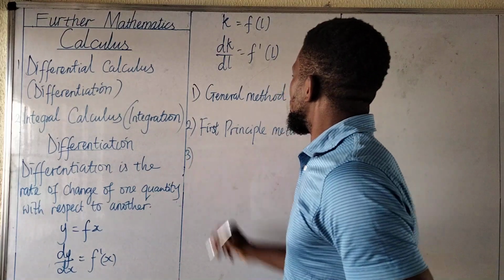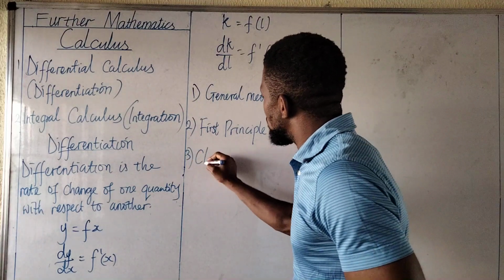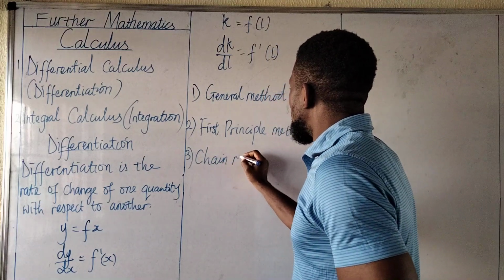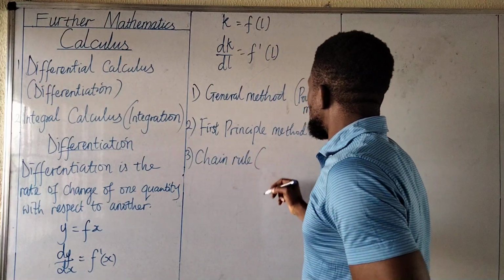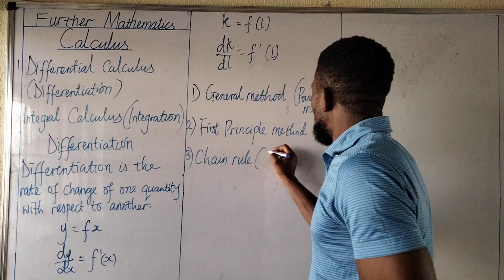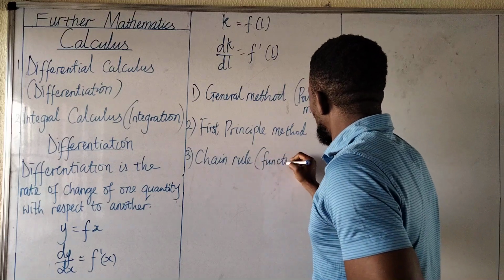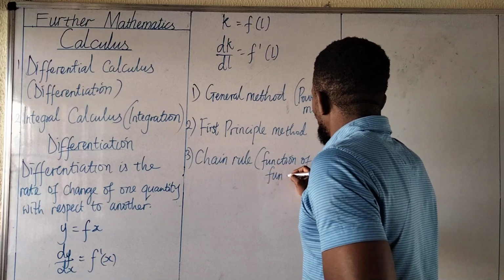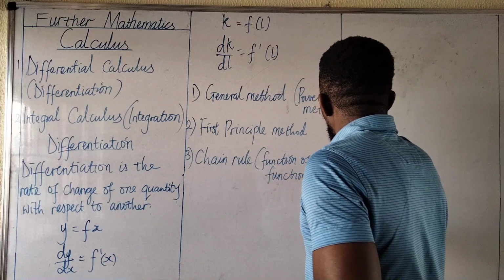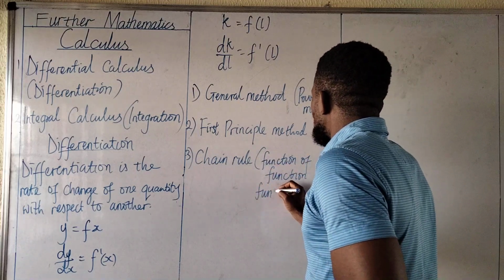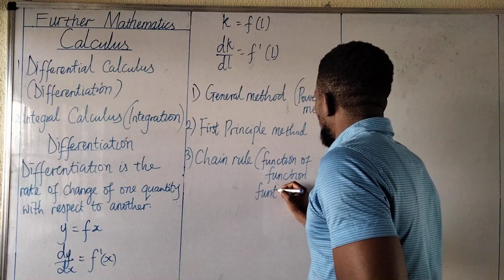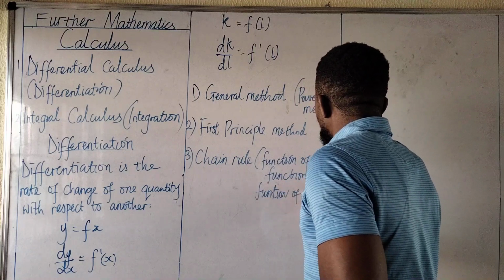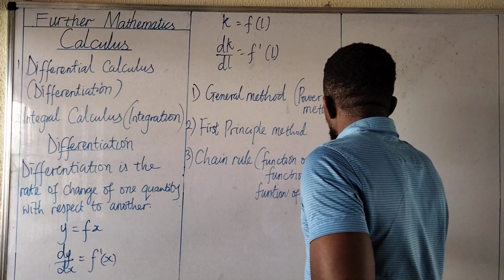Number 3 is what we know as the chain rule, also known as function of a function or function of several functions.